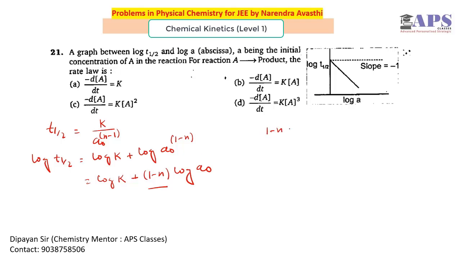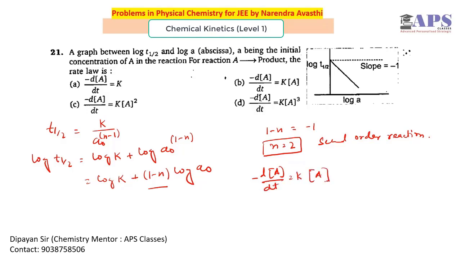So 1 minus n equal to minus 1, or n equal to 2. So it is a second order reaction. If A is the reagent, minus dA by dt equal to rate constant times concentration of A square. So option C will be the correct option.